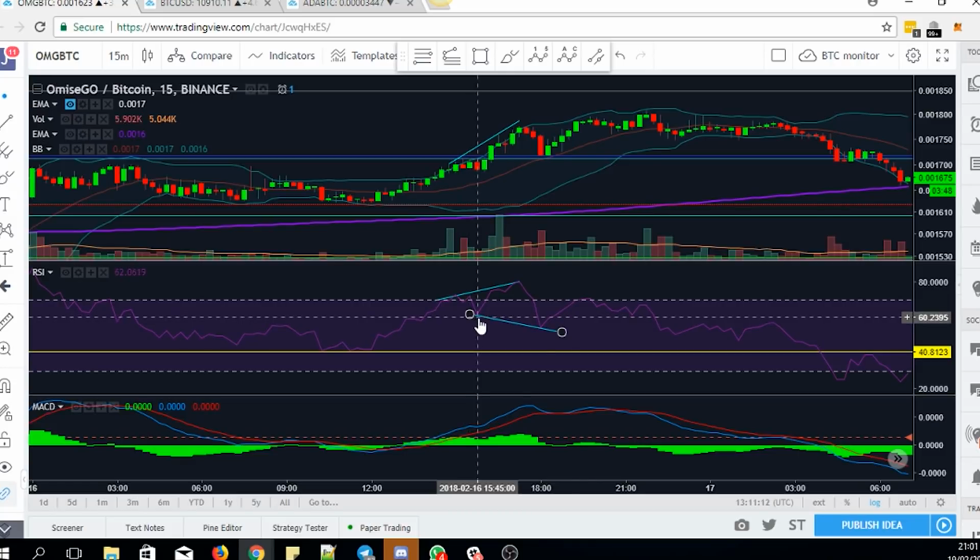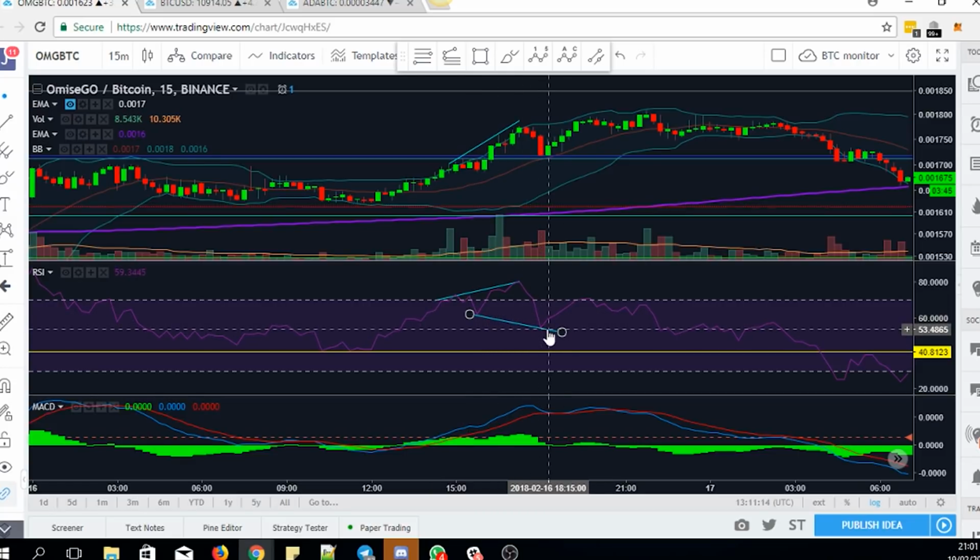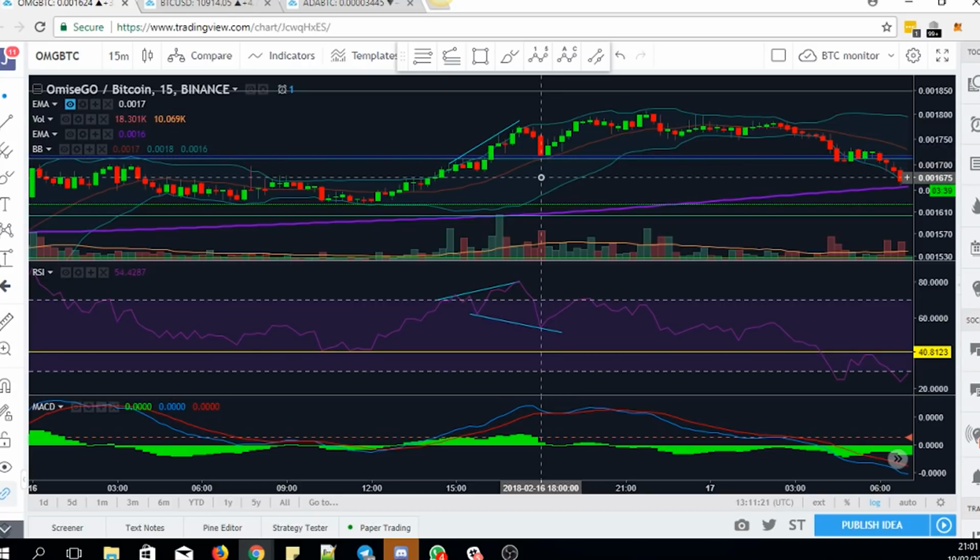So the indicator would be a lower low and price would be a higher low. So we would have a higher low happening. That's the hidden, much harder to find.